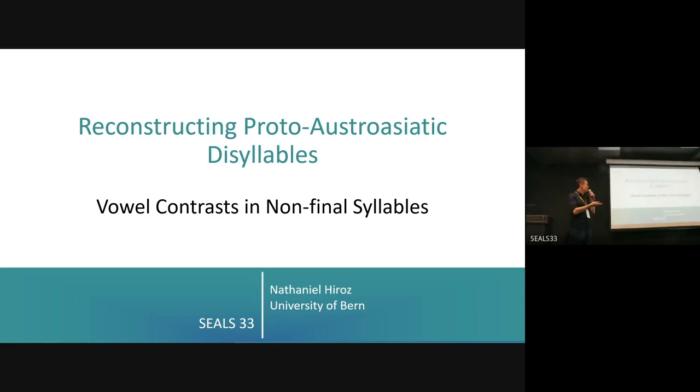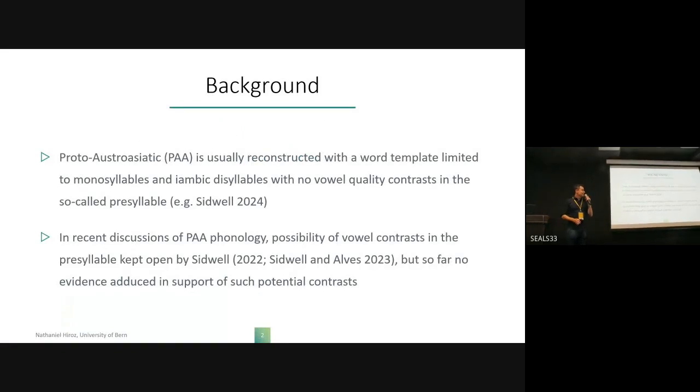So, as just mentioned, I will be talking about Proto Austroasiatic, the second talk on the topic after Paul's talk. So, what are we talking about? Proto Austroasiatic is usually reconstructed with a word template limited to monosyllables and disyllabic iambic words with no vowel quality contrast in the so-called presyllable.